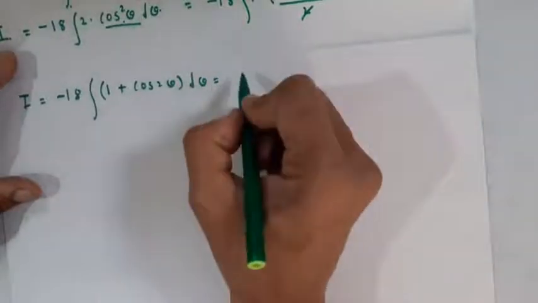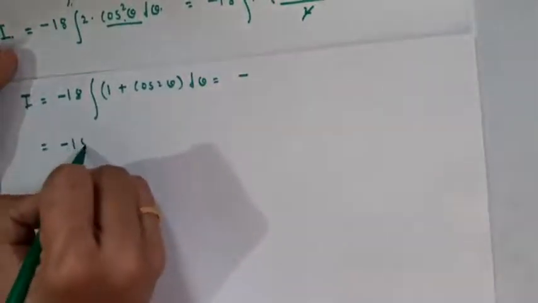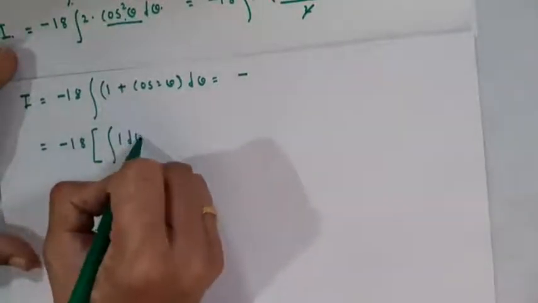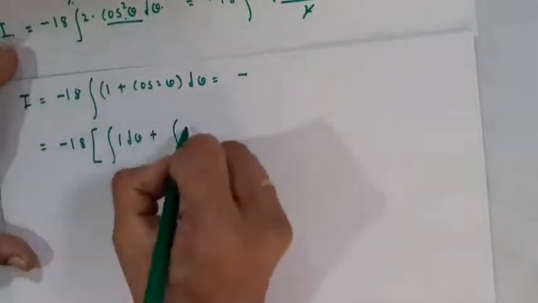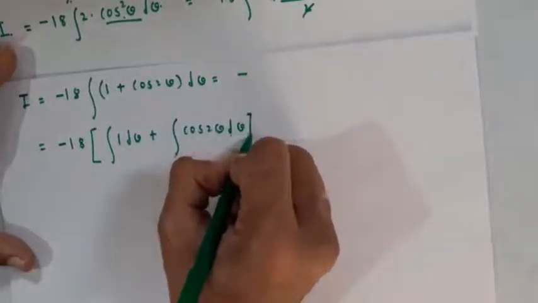Now take down the integration directly because this is now an integrable form. So minus 18 as a constant, integration of 1 with respect to theta plus integration of cos of 2 theta with respect to theta.